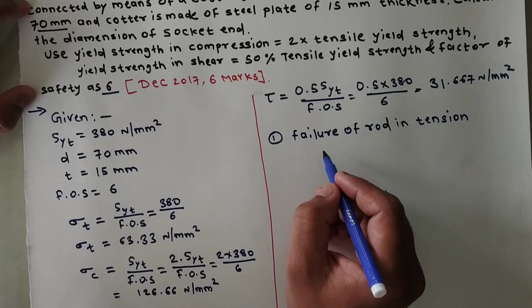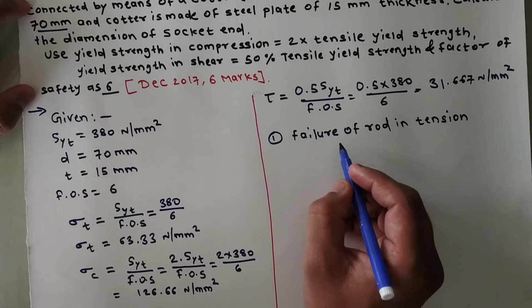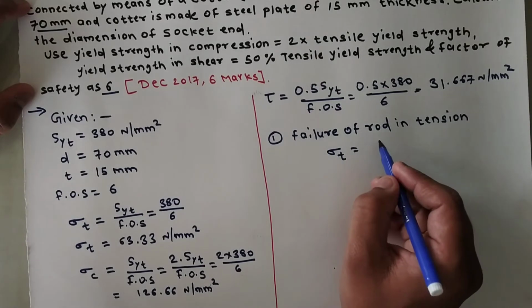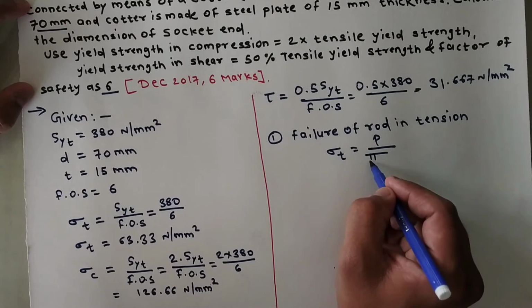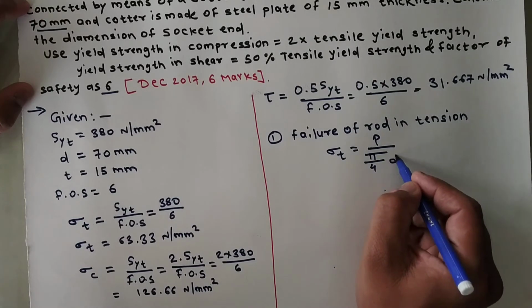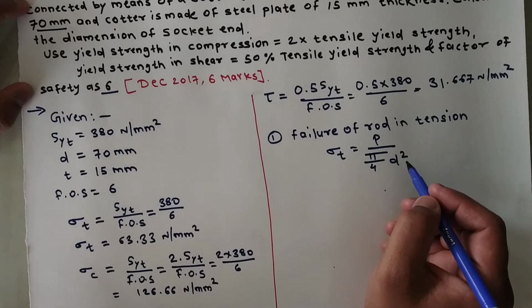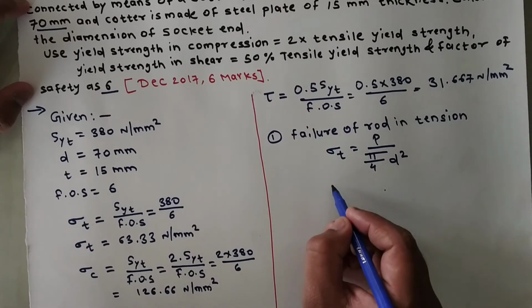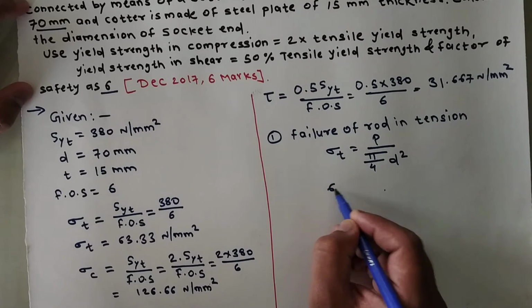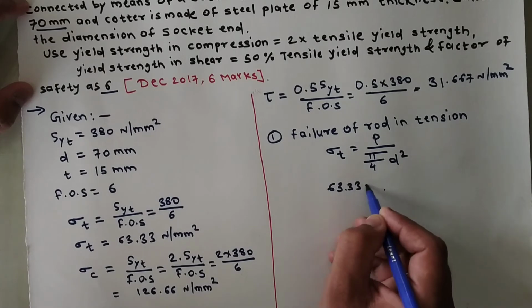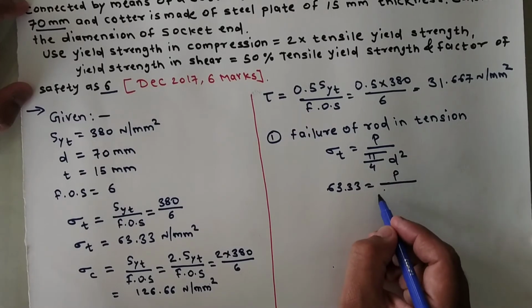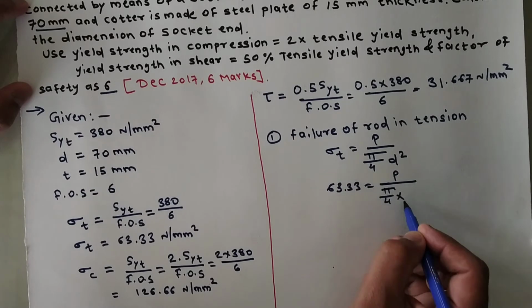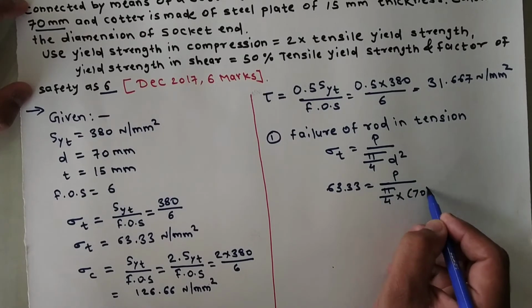I have told you the relationship for sigma T as P upon the area, where P is the axial tensile force on the rods. The area here is pi by 4 d square, where d is the rod diameter. We know sigma T now, P is unknown here, pi by 4, d is 70 mm as given.